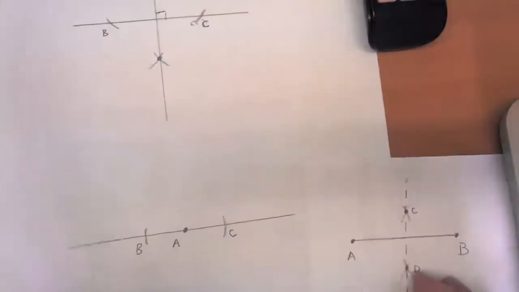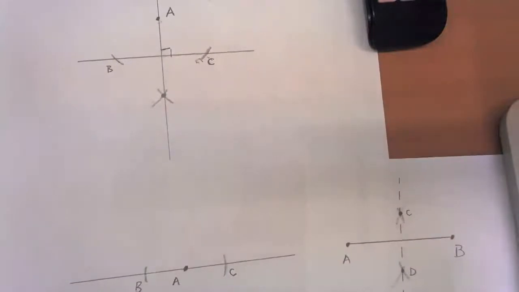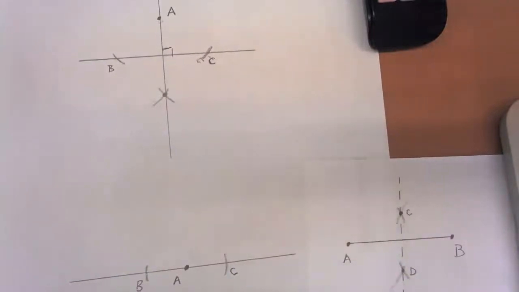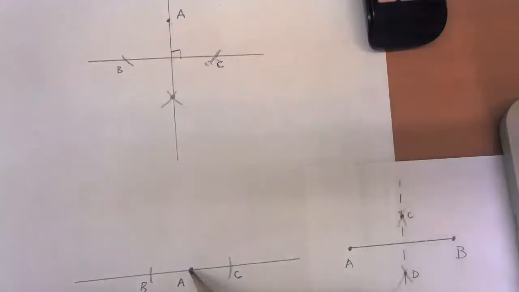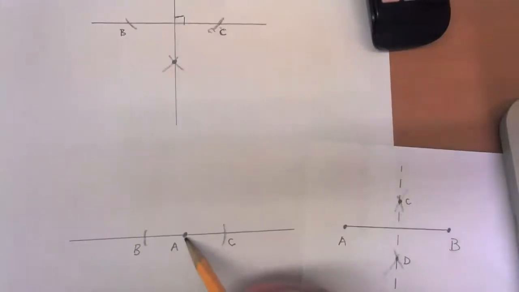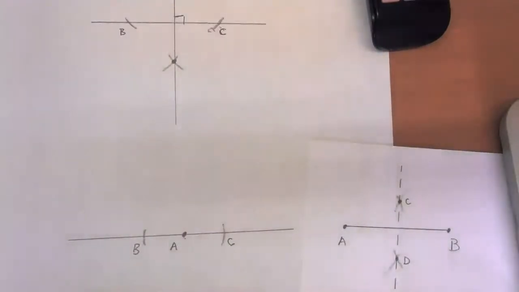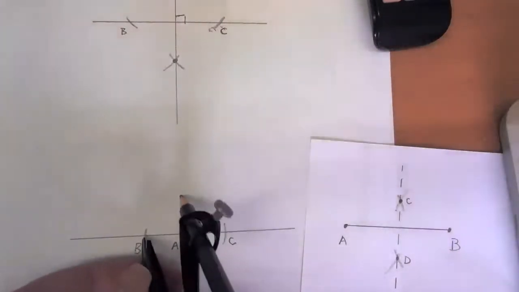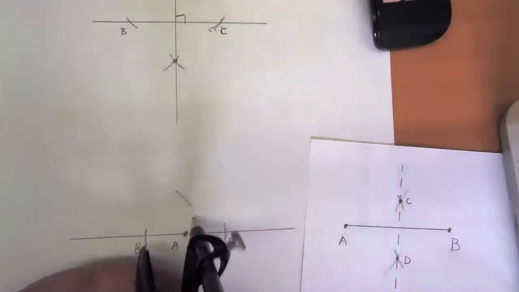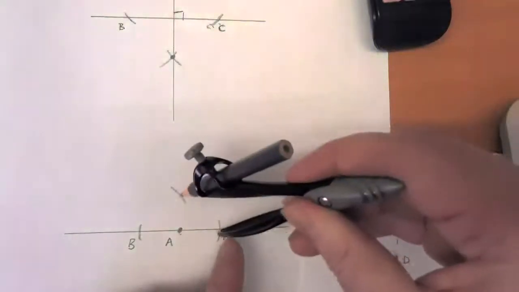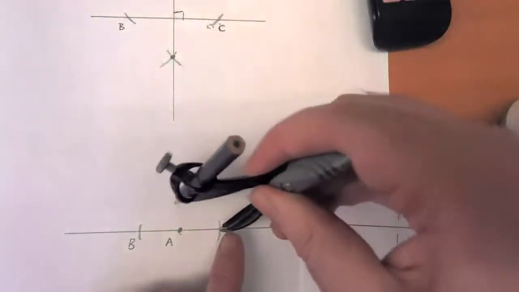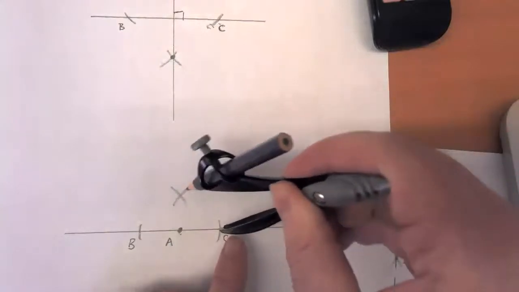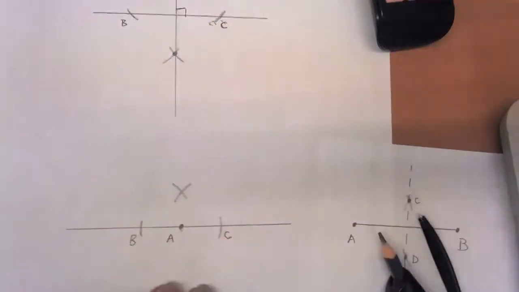Except that we don't even need to go through all the steps. We only need to find 2 points that are the same distance from B and C. And we already have this one. A is already the same distance from B and C. So I'm going to open up my compass just a little bit wider. And there's a point, and there's a point, and X marks the spot.